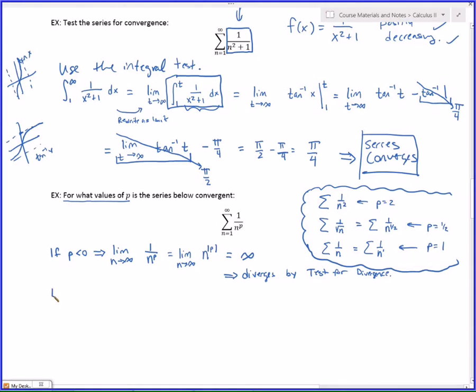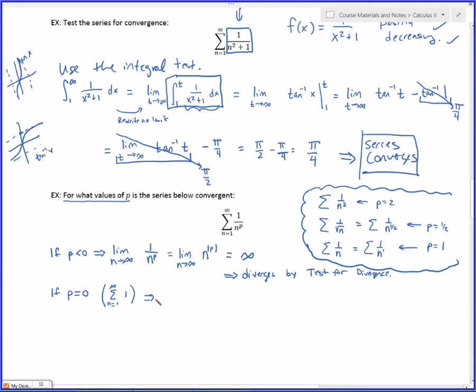By the way, if p is equal to 0, let's think about that case. What does this series look like when p is 0? It's just 1, right? It looks like the sum from n equals 1 to infinity of 1.